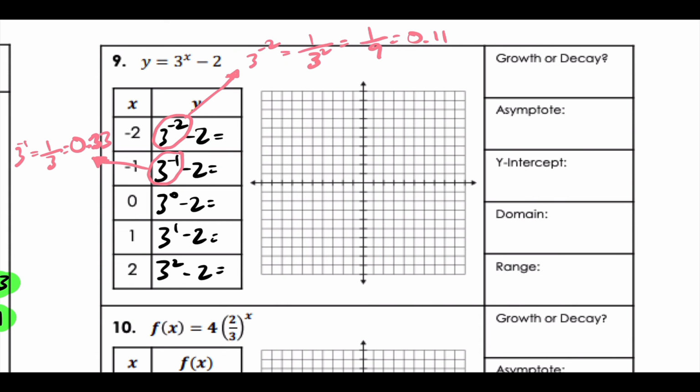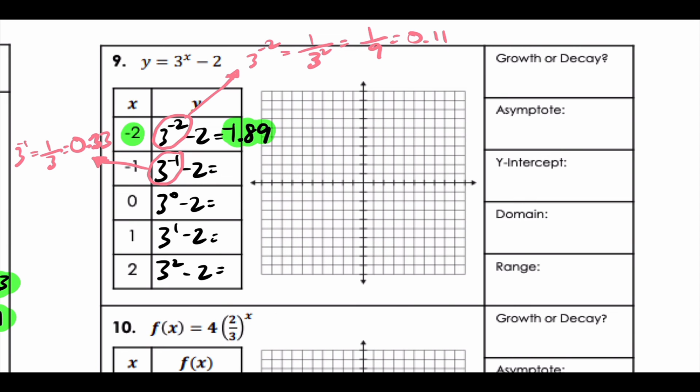And that's going to give me a negative. Leave it go 2 spaces. So negative 1.89. Almost negative 2. That's the first dot. So that one I go left and then down.